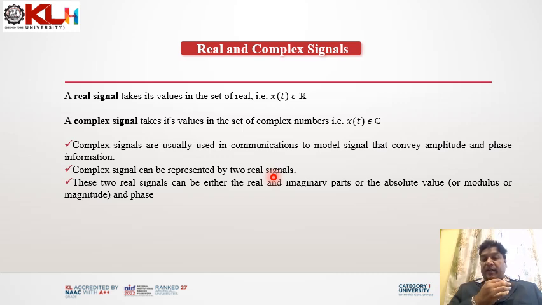From there we can get another sequence of real numbers which will represent a real signal. Therefore, I can write this complex signal as the sum of two real signals. So the complex signal is actually a mathematical representation of different sets of signals that are somewhat related to each other.